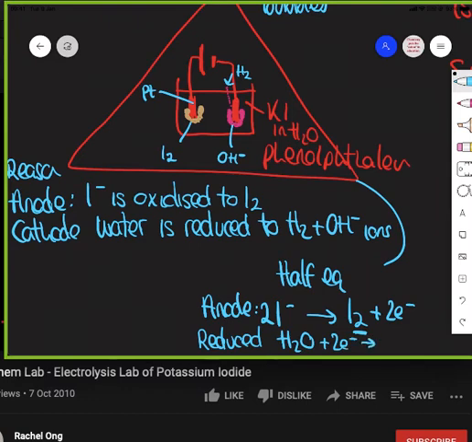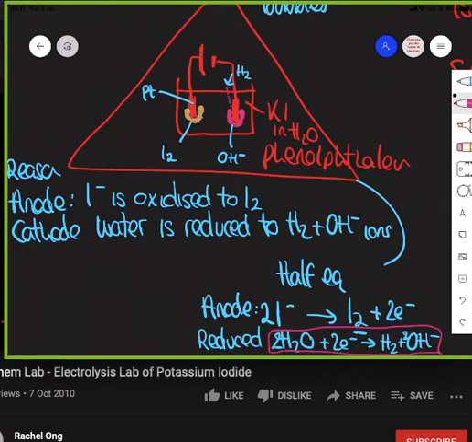So it is going to make me OH minus and H2. So I need to make this 2, I do. And this equation we will see again in our last one. So for this one, you've got to know your color changes, and that'll help you with what's being produced.